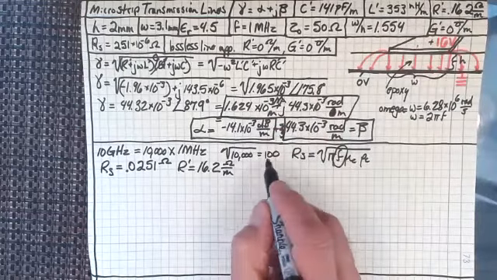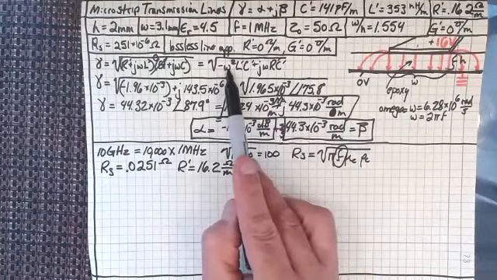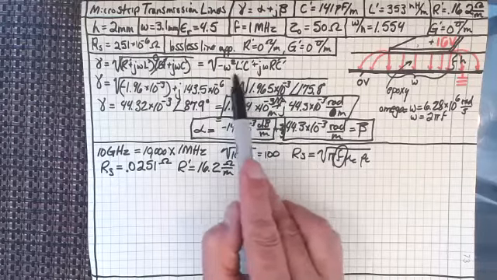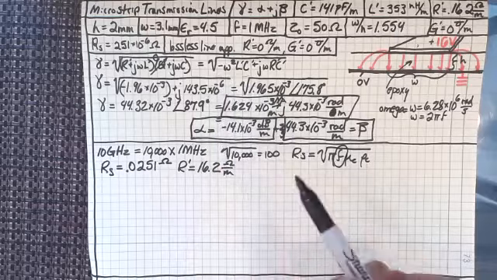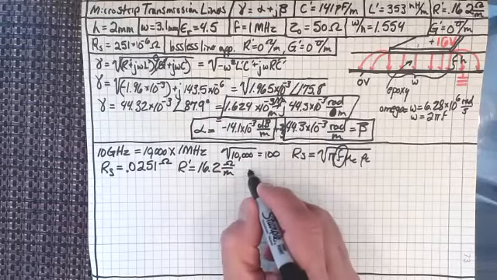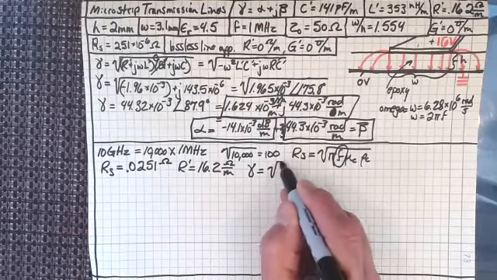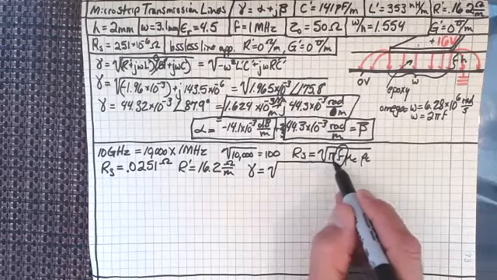How's that going to change our equation then? Well, if you look at our equation, I've got minus the omega squared times L prime C prime. That's not going to change at all, is it? No, because that's the same thing that we had up there. So let's just look at this. This is going to still be the square root. However, something is going to change.